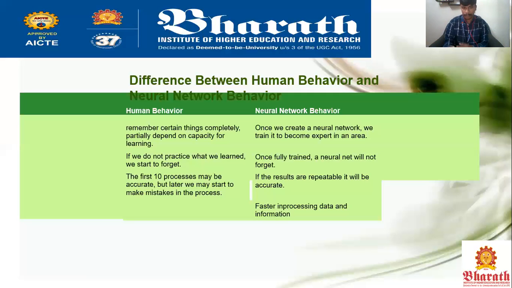But in the artificial neural network, if the results are repeatable, it will be accurate. Why? Because it is well trained and constructed, and it is performing the same function in repeat mode. So it doesn't have the ability to make mistakes where it has been trained. If a new thing is tried by the artificial neural network, there it has a chance to make mistakes.